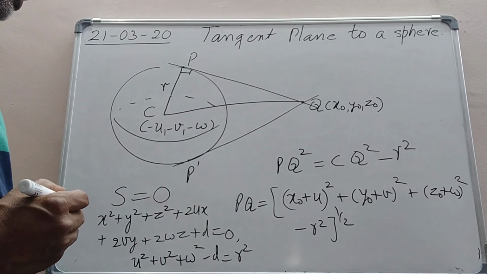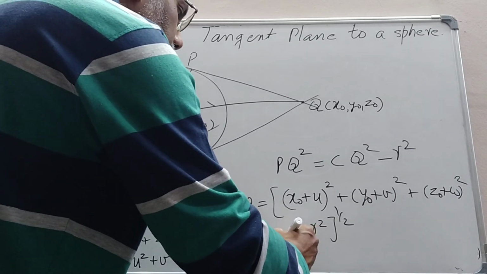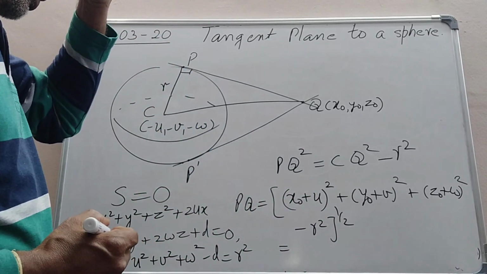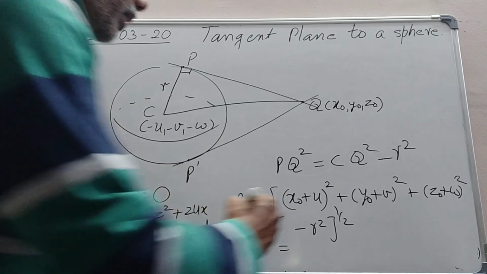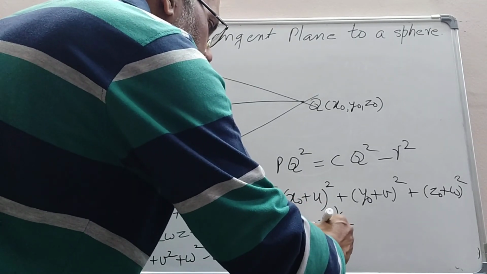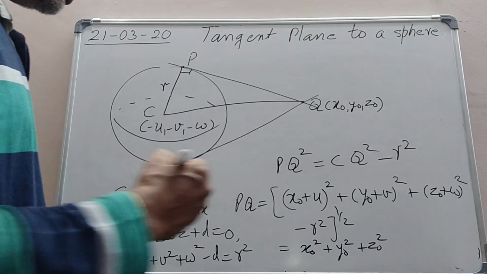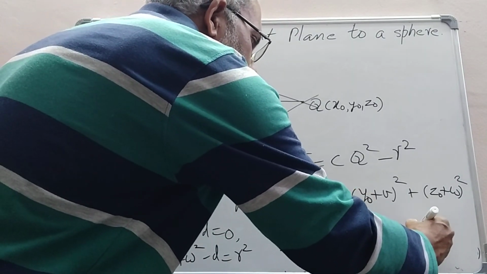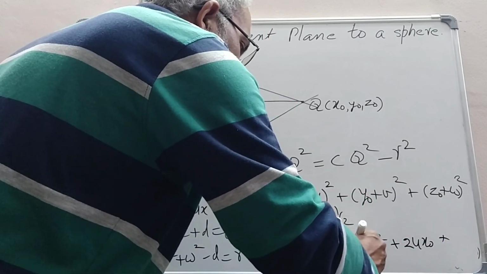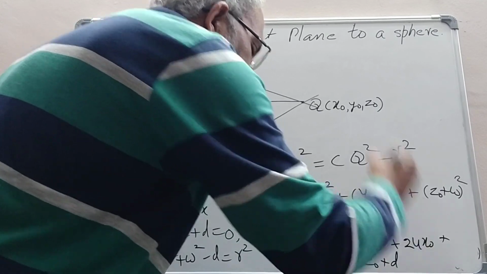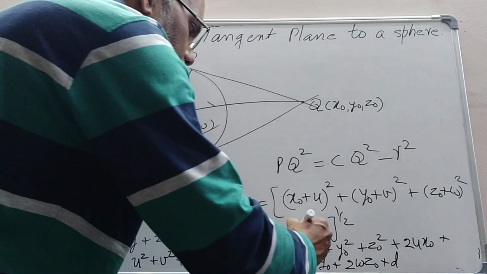So what I do is I add and subtract a d, and what I get is x naught square plus y naught square plus z naught square plus twice u x naught plus twice v y naught plus twice w z naught plus d, raised to 1 by 2.